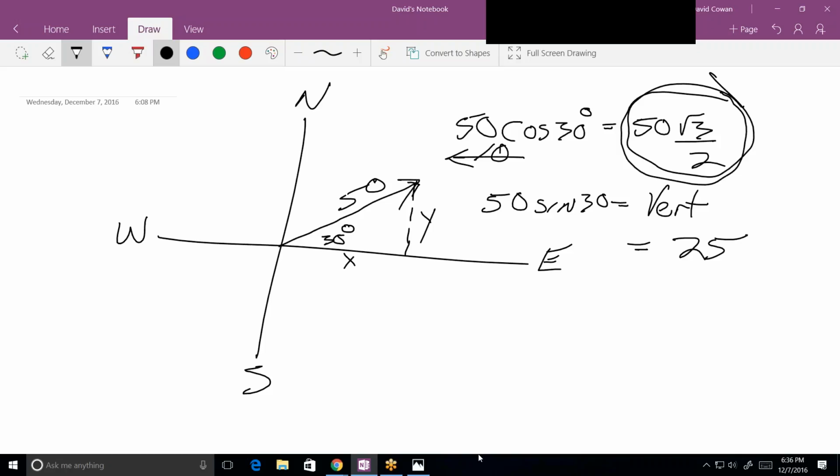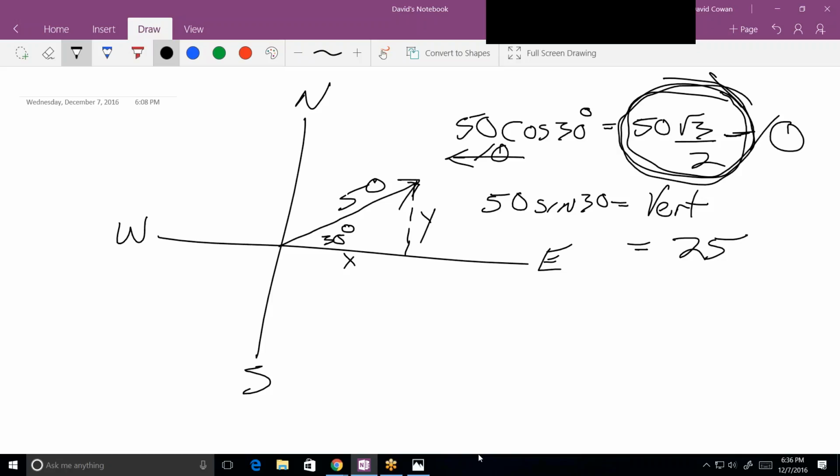Well, when you have multiple vectors, whether it's 2 vectors or even 3 or 4 vectors, then you figure out each one's components and you add them together. In this particular case, I know that the horizontal component is that speed. So when I combine it with a 10 mile an hour wind, I've got to subtract 10.